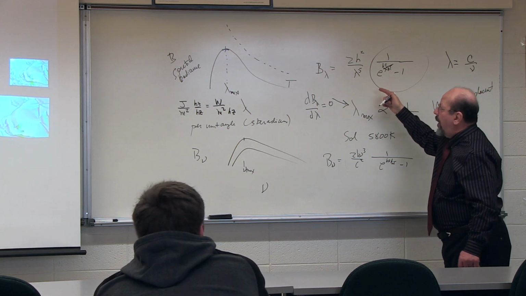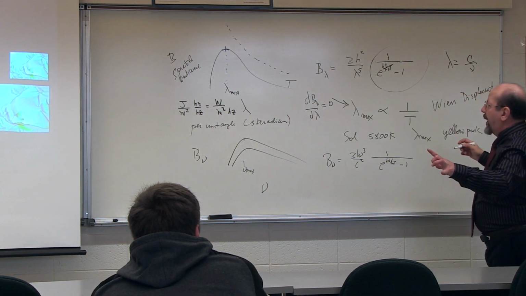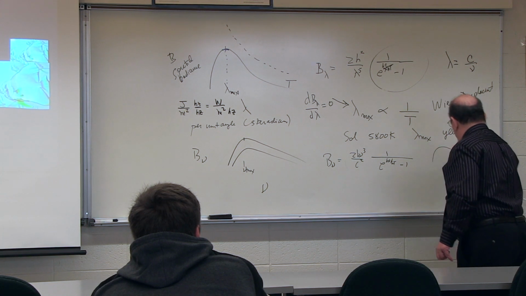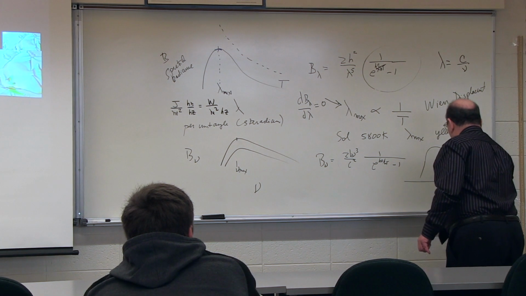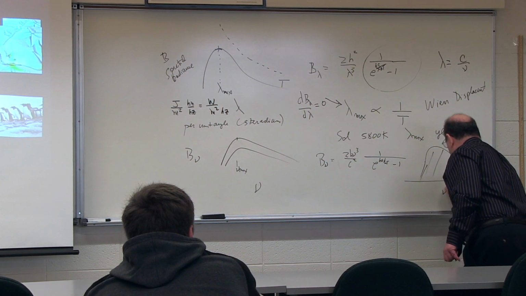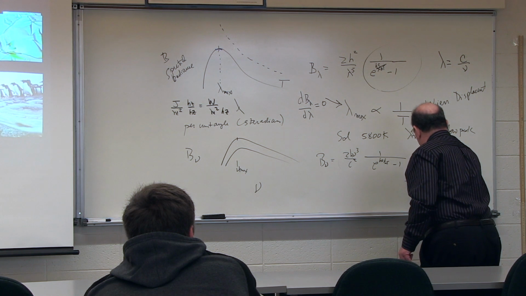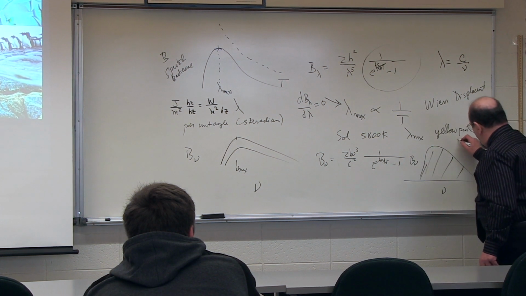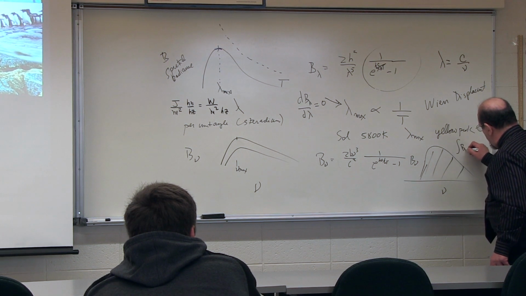Okay. Well, what about the other piece of calculus that we like? That is to say, the area under the curve. What about the area under the curve? Let's just take the frequency one for example. The area under the curve is going to be summing up all the pieces.